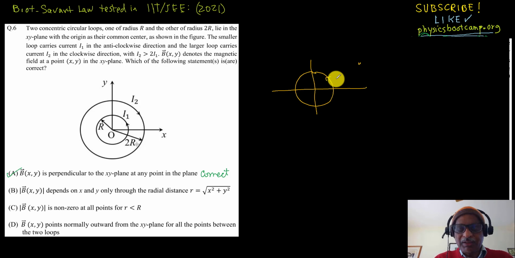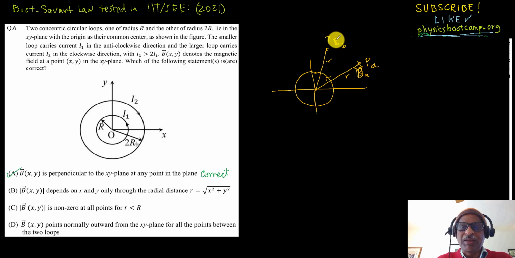So if I'm over here, say distance r, and if I'm over here, same distance r, P1 and P2, just from the symmetry, the B here at point A and B at point B should be equal to each other because they're in a completely same situation with respect to the circle, right?